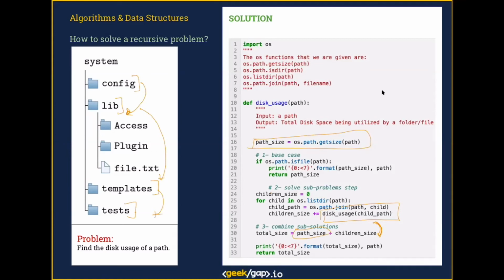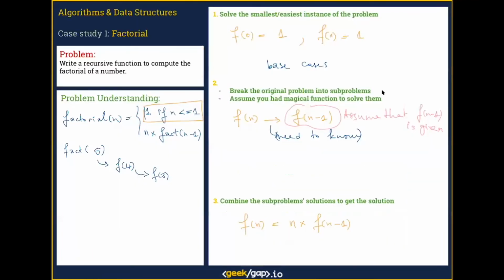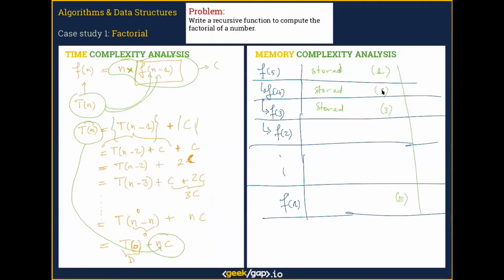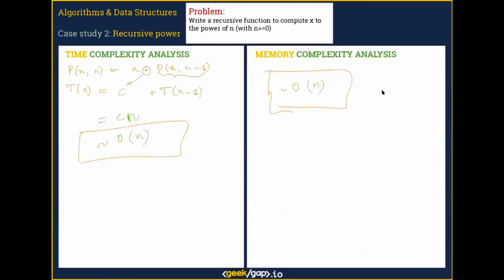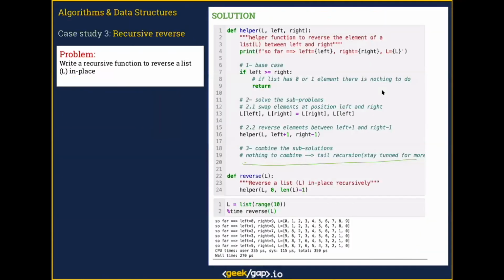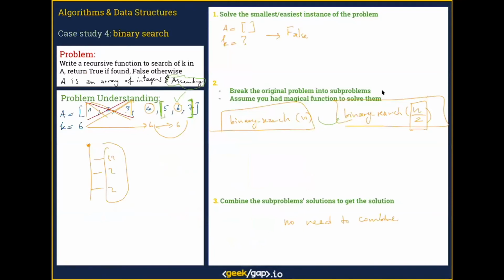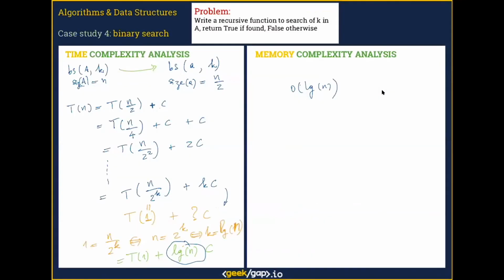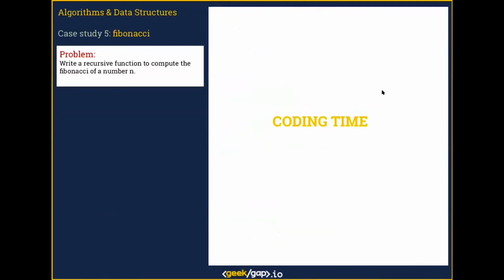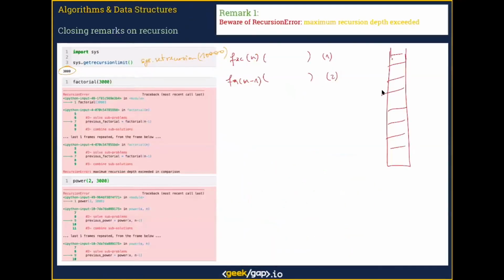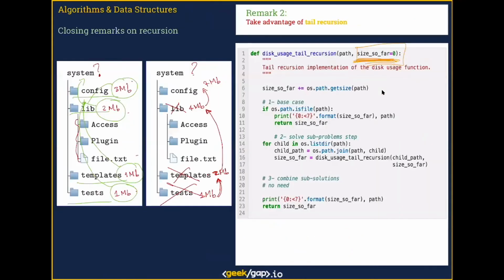So you see, we need a combination step. Whereas with the tail recursion approach of doing things, we don't need that extra combination step, because we do it in a clever way that allows us to never need to do it.